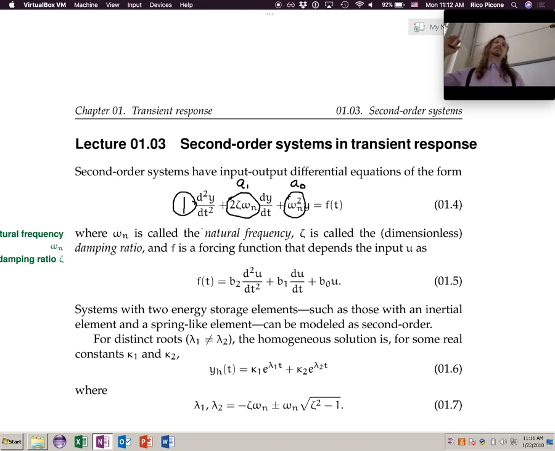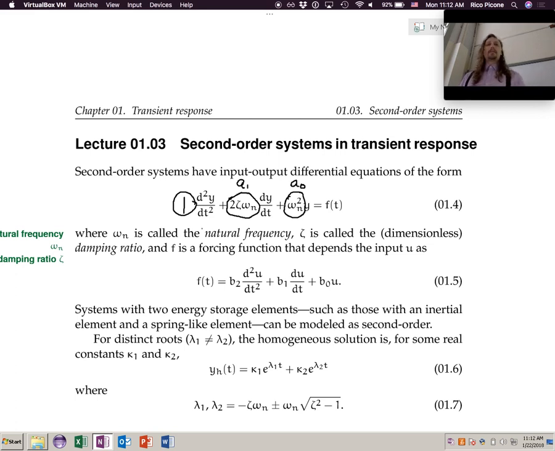There are a lot of examples like this that are oscillatory. A spring with a mass on the end of it, you let it go, it will oscillate at a certain frequency. That's an understanding of the natural frequency. There's some more subtlety to it than that, but that's a good way to get a handle on natural frequency. Those of you who have taken vibrations, this is a very familiar concept.